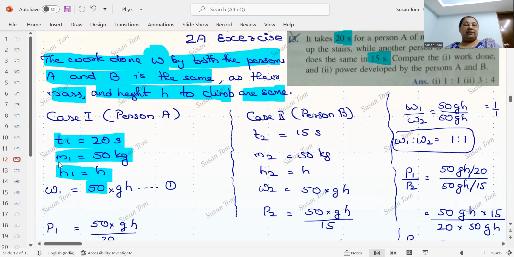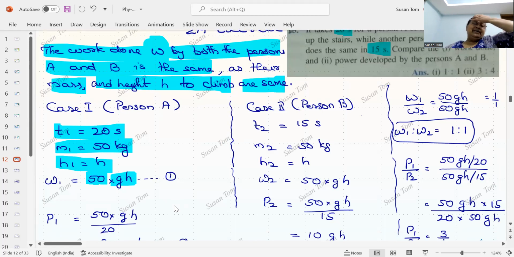M1 is the 50, G and H I write, keep the equation as 1. We cannot calculate because the height is not mentioned. It is at certain height. Climb up the stairs only it is mentioned. So at present, leave it as an equation because on finding the ratio, the G and H will be getting cancelled.